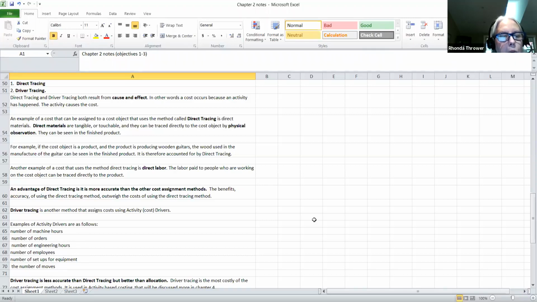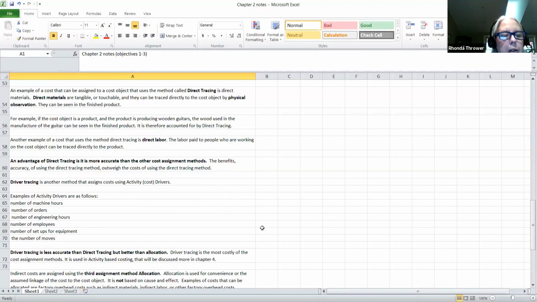These are all examples of activity drivers. Now, driver tracing is less accurate than direct tracing, but it's better than what we're going to talk about in a few minutes, which we call allocation. Driver tracing is more costly than any of the cost assignment methods. So that's a disadvantage of driver tracing, but it is used in activity-based costing, and we're going to talk more about that in chapter 4.